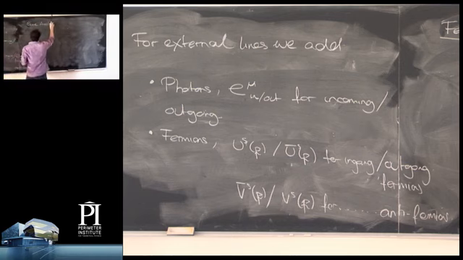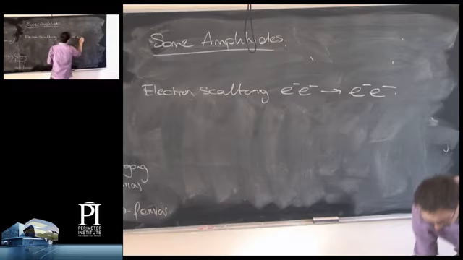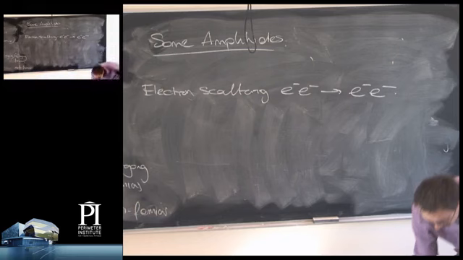let me just write down for you some amplitudes using these Feynman rules. So firstly, electron scattering. Electrons are universally written as e minus, and positrons are written as e plus.